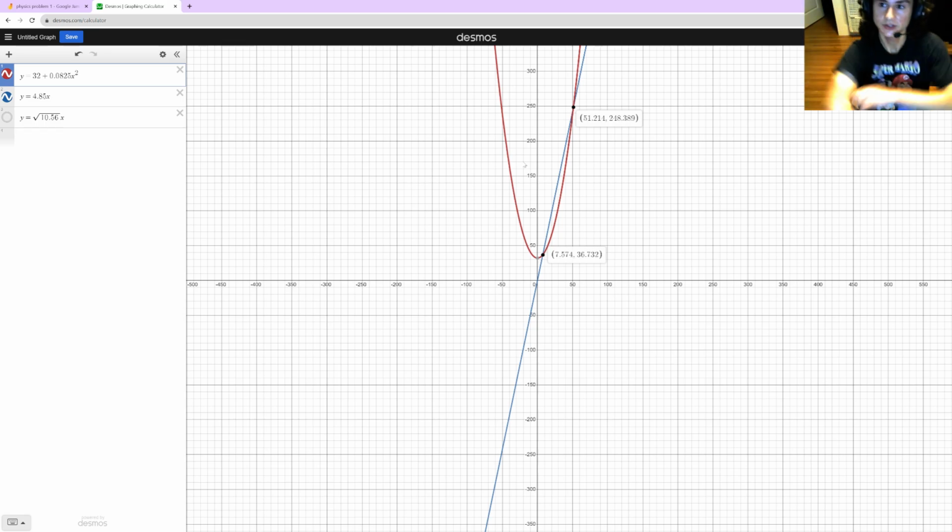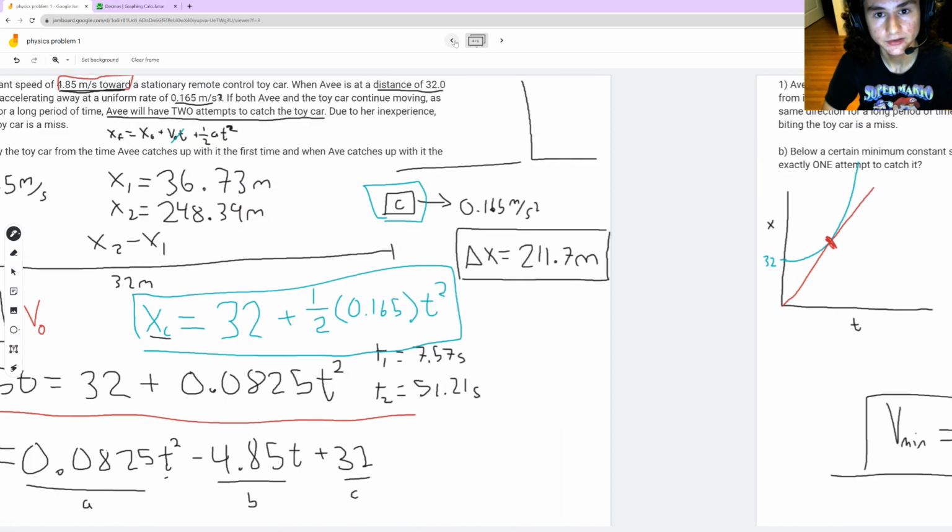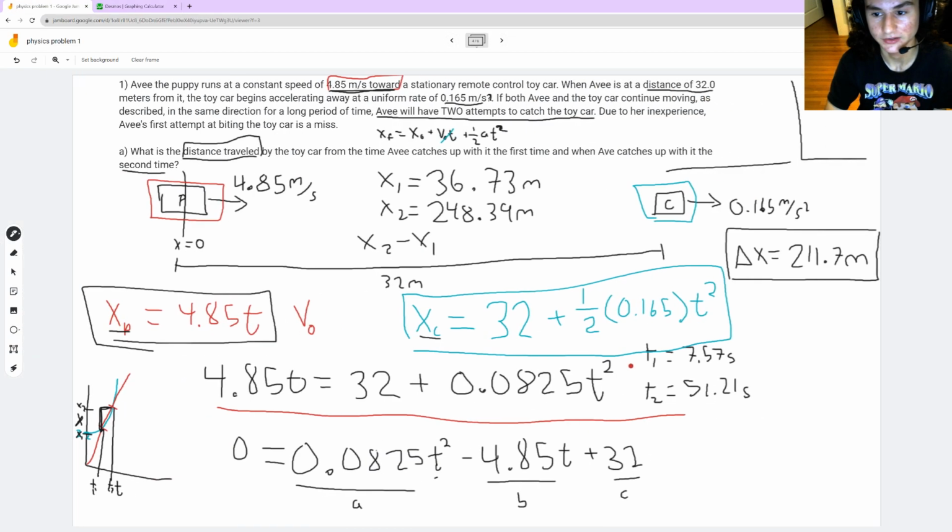A little bit confusing because usually in physics we use x for position, but that shouldn't matter. So in between these 2 points, there should be 211 roughly, and it looks like so. So we can confirm that our answer here is probably good.